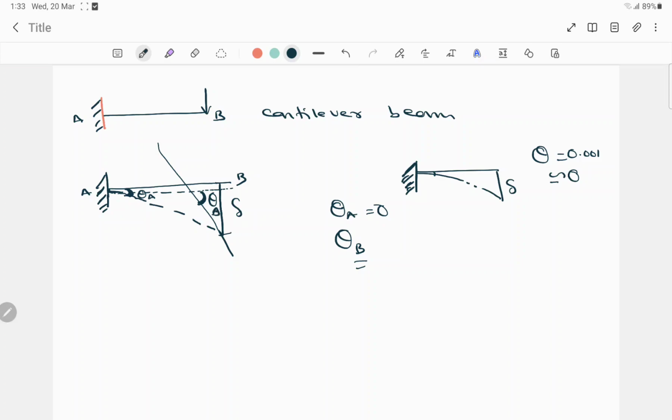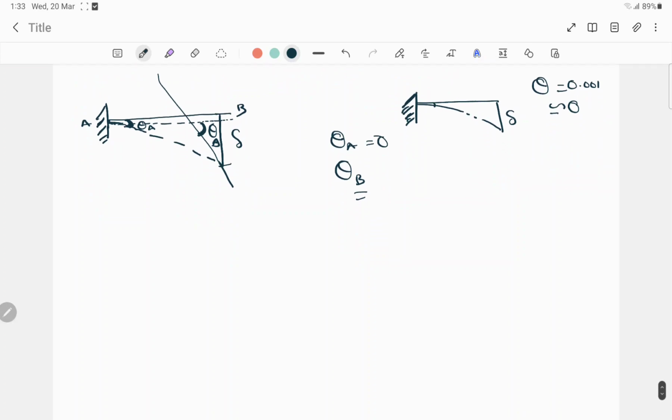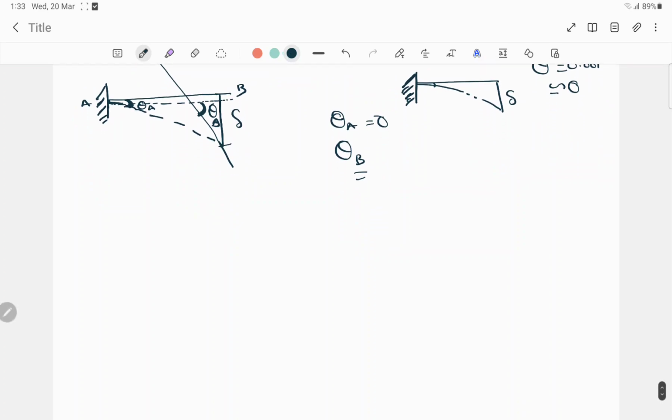Okay, now we'll again take an example for a simply supported beam. Here suppose it's a simply supported beam where one side is hinge support and the other side is a roller support, and here a UDL load is acting. So for this case the deflection will be like this, right?